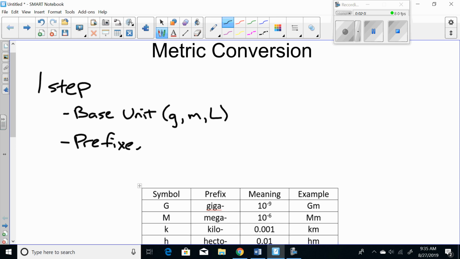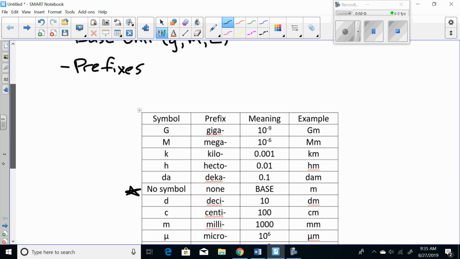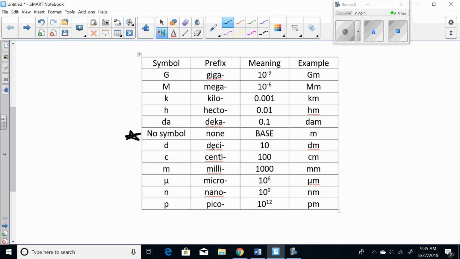Those prefixes, I'm sure you've heard before. Each prefix actually corresponds to a number on this chart. What this number means is that one will go with meter, it could be liter or gram, equals whatever it is.